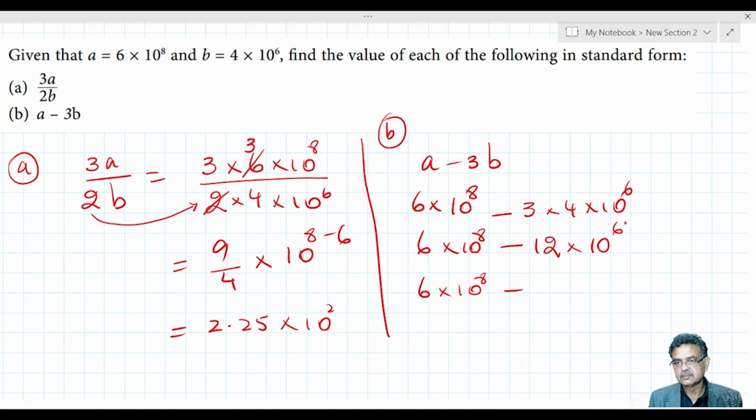If we enlarge this value to 10 to the power 8, then this value will become 0.12 because we have added 2 in its power. So the decimal will move two places from here to this point, so it will be 0.12.